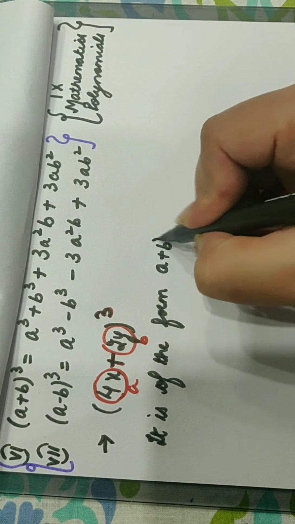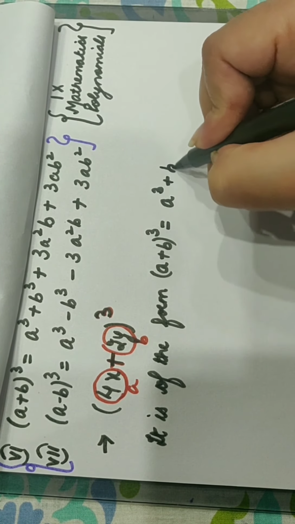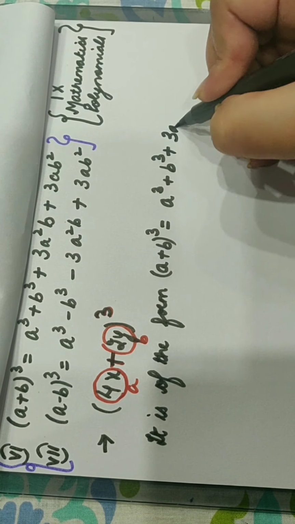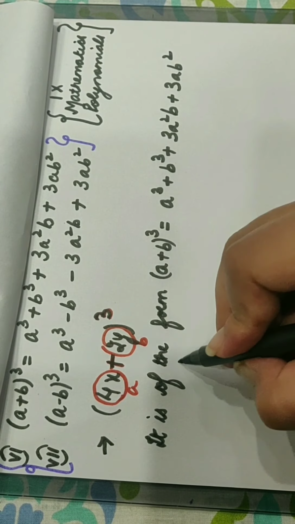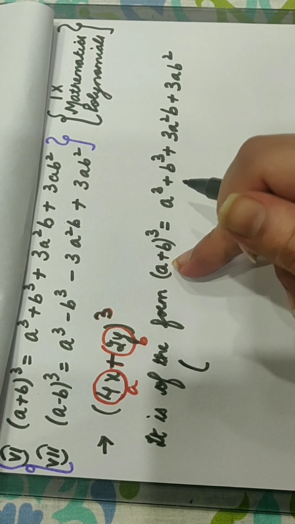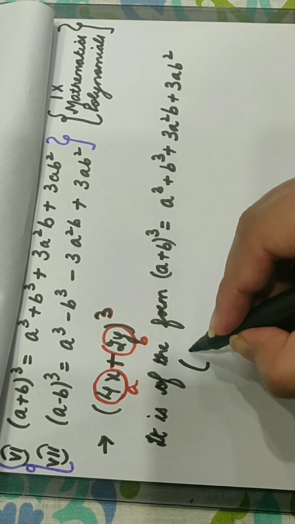(a + b) whole cube, which is equal to a cube plus b cube plus 3a square b plus 3ab square. Now simply in place of a, I will be substituting 4x, and in place of b, I will be substituting 2y everywhere.